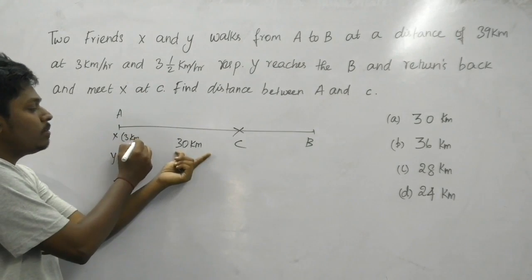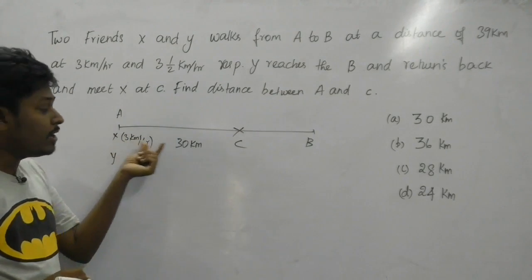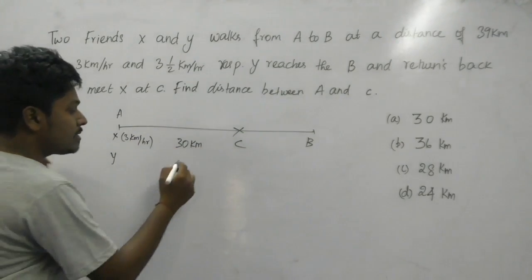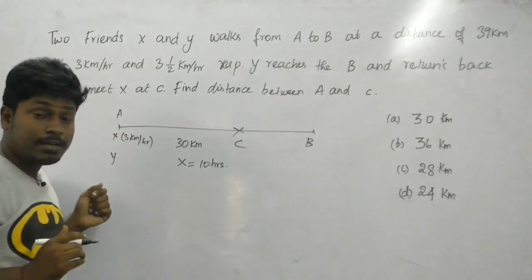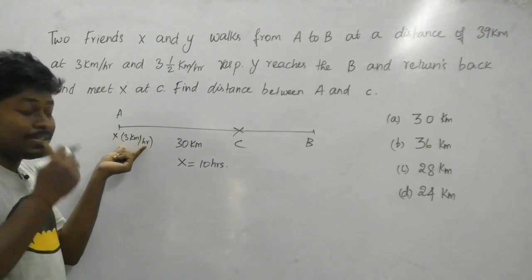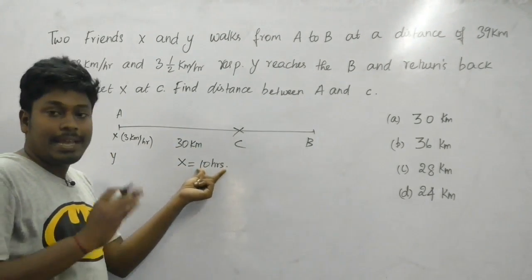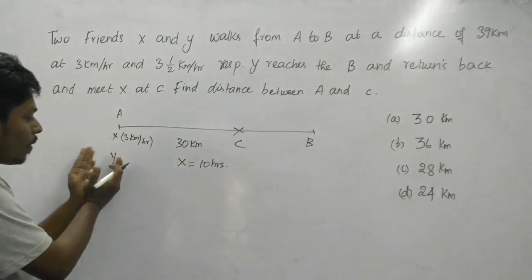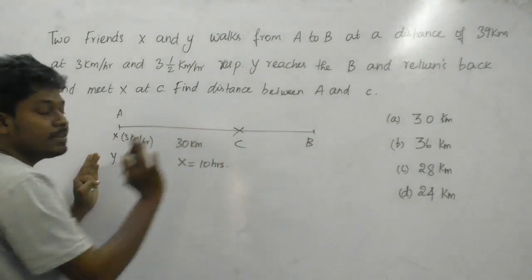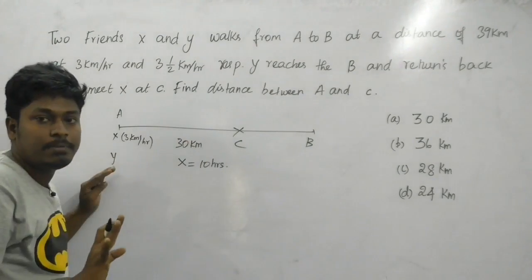Speed of x is 3 kilometers per hour. So in order to cover this 30 kilometers, x will take 10 hours. Understood what I did? So the same 10 hours, if y takes, he should cover the remaining distance. If this occurs, I can say option number 1 will be the answer.